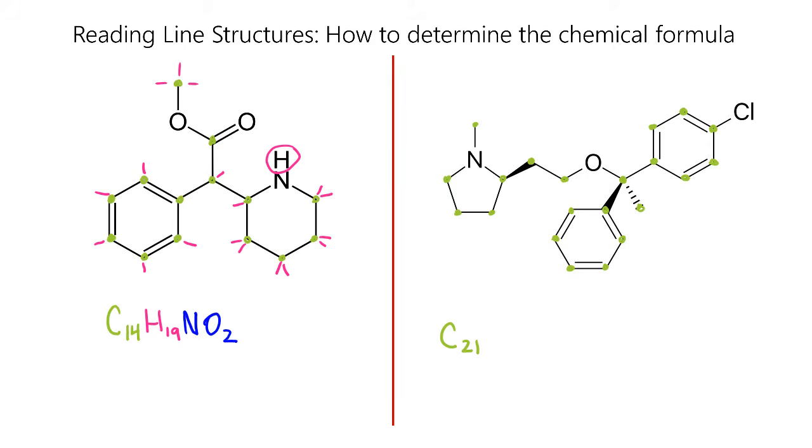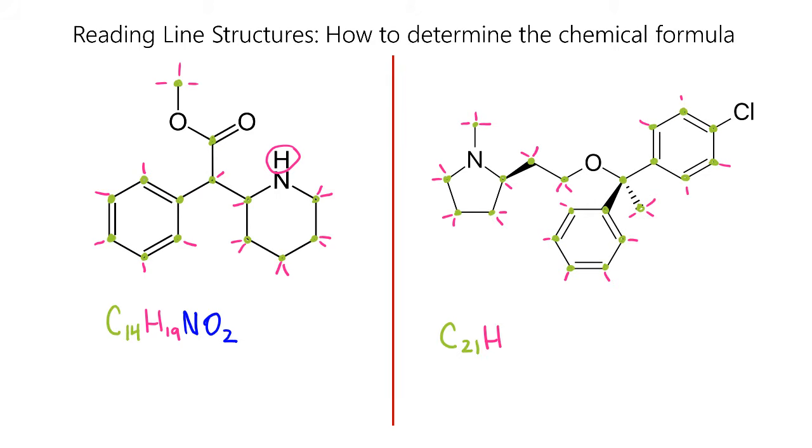Finding our hydrogens, we have 1 through 26.